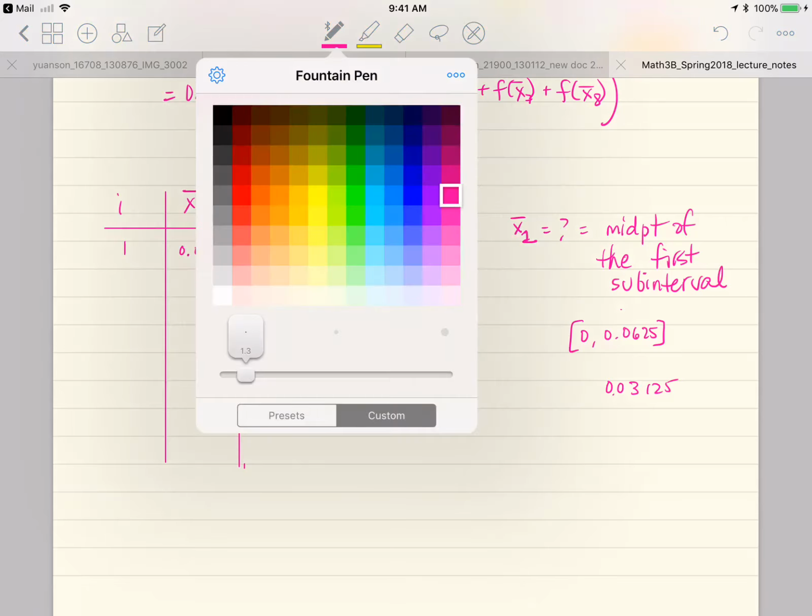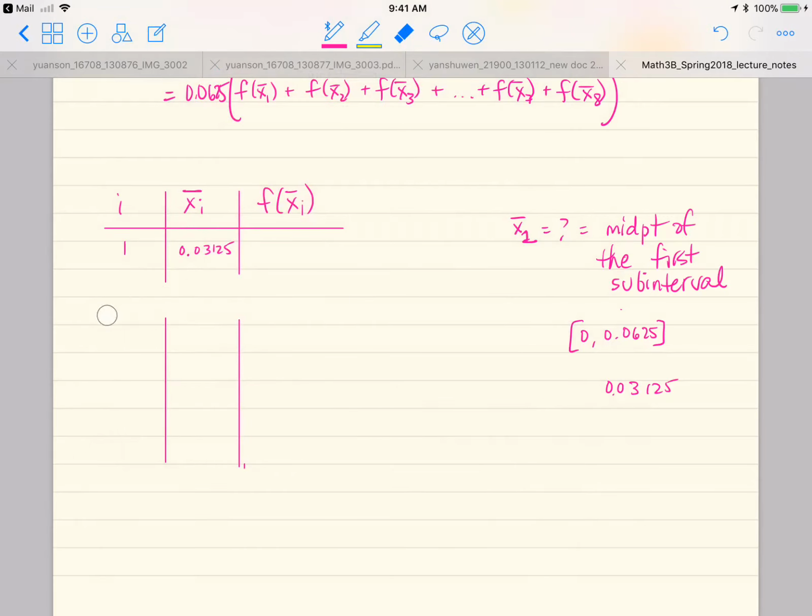So here's what we have. We're saying i equals 1. Then x1 bar is equal to 0.03125.